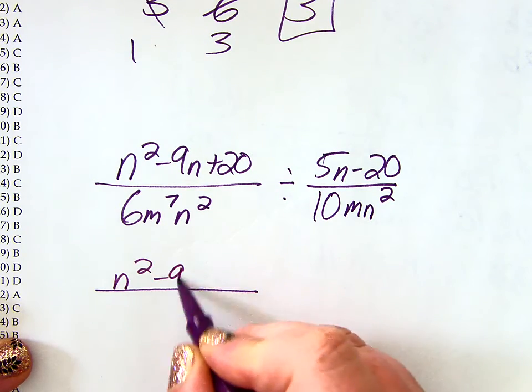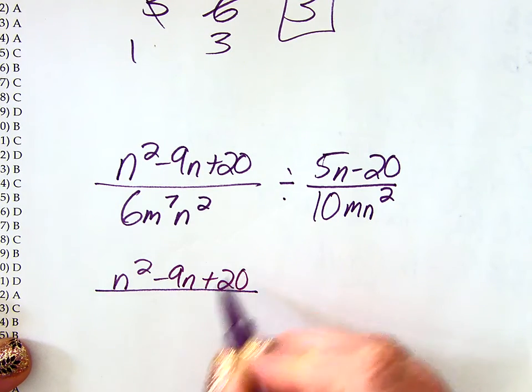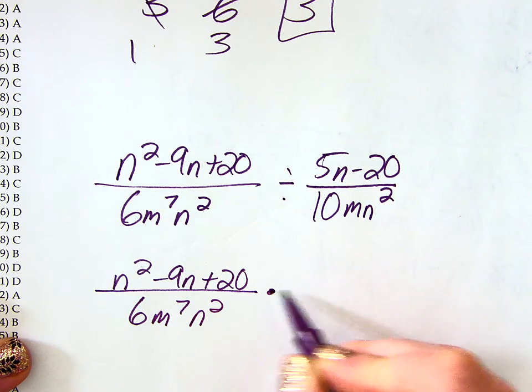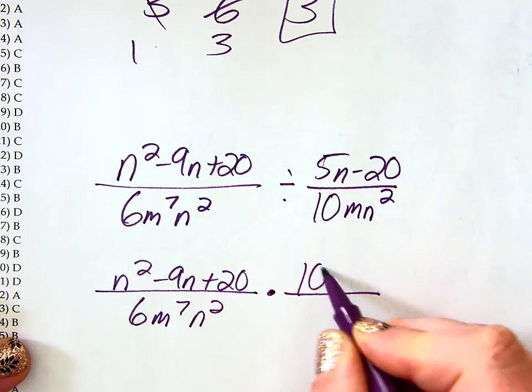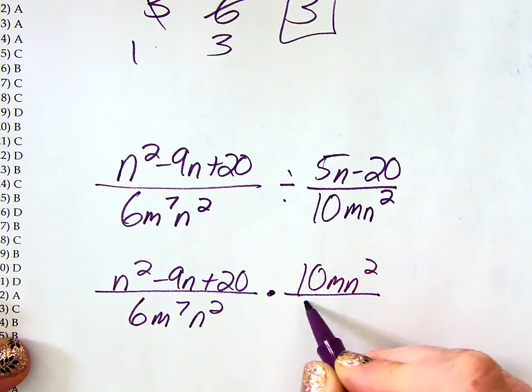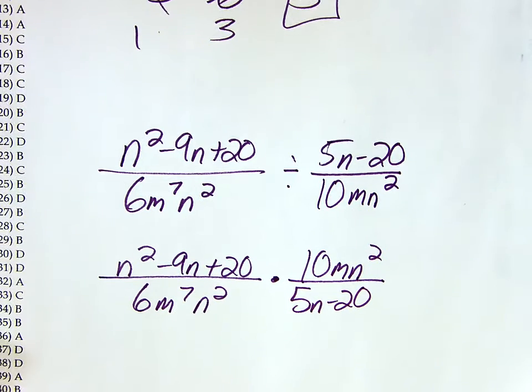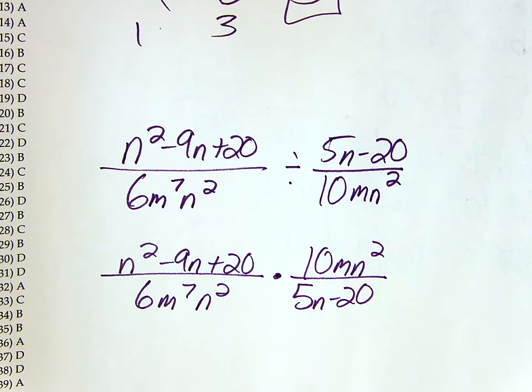So the first one, remember, the first fraction does not change. Leave it as it is. Change to multiplication and this guy gets flipped over. Okay, go ahead and finish that problem for me. We'll see if we all end in the same spot.